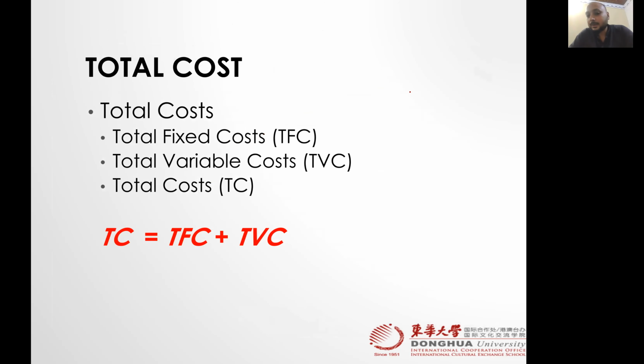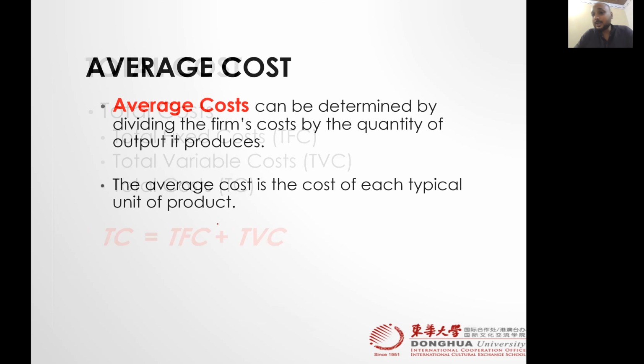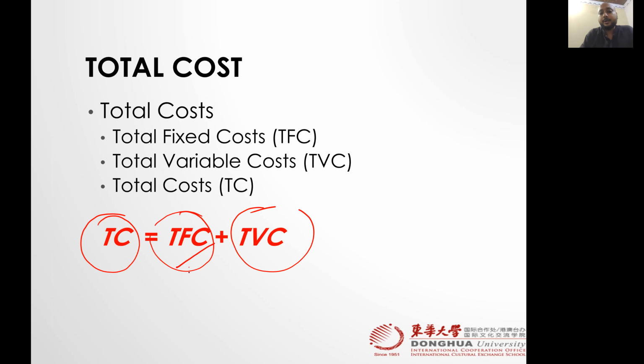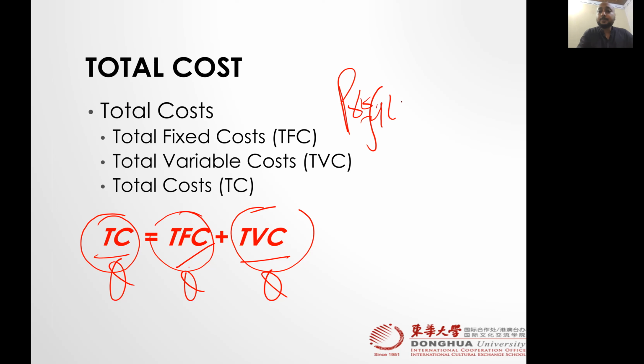You understand? So if you understand that, let me repeat that. Total cost is equal to total fixed cost plus total variable cost. So can we do the average cost? Average cost is divided by quantity. Since we want to find out how many units I need to produce, what is the goal? The goal is to minimize the total cost.